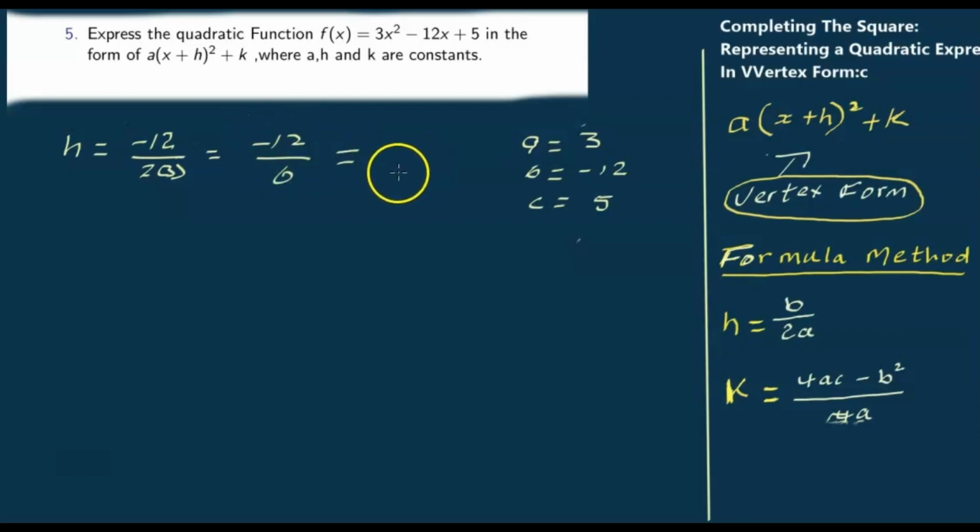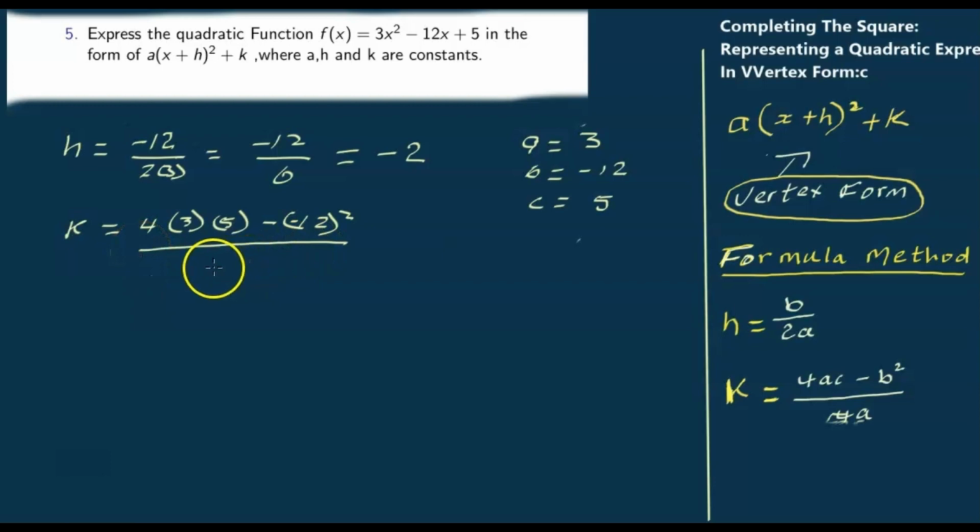6 into 12 is 2, so h is negative 2. Now we're going to work out k. So k equals 4 times A, which is 3, times C, which is 5, minus negative 12 squared, all over 4A, and 4A is 4 times 3.